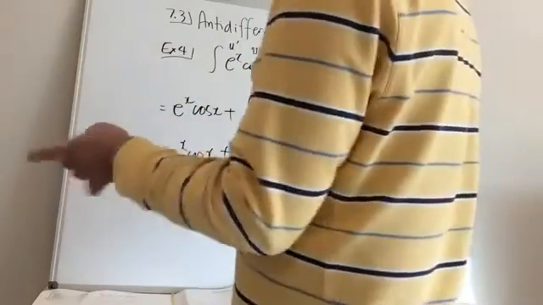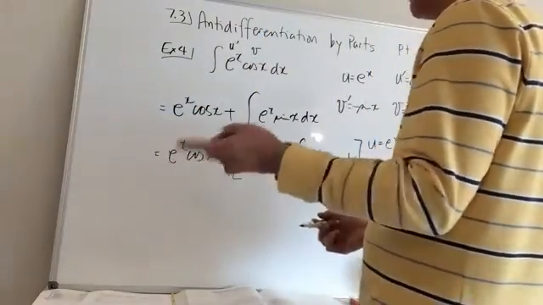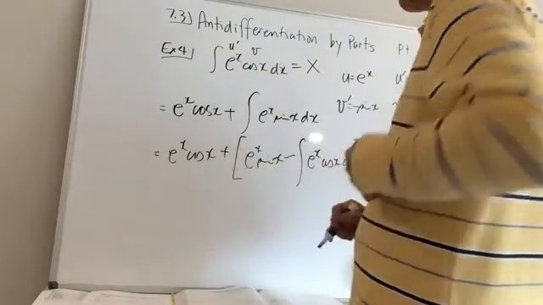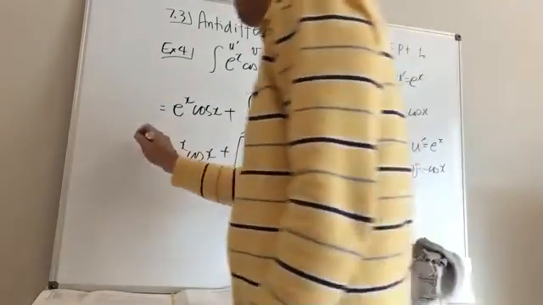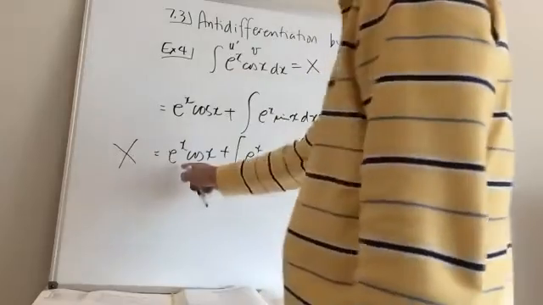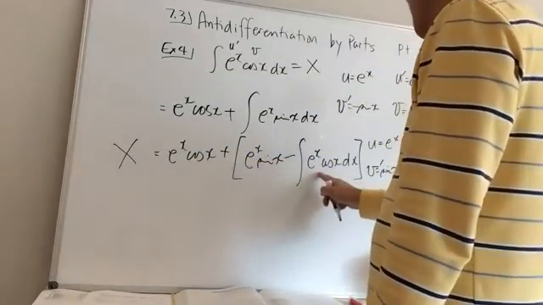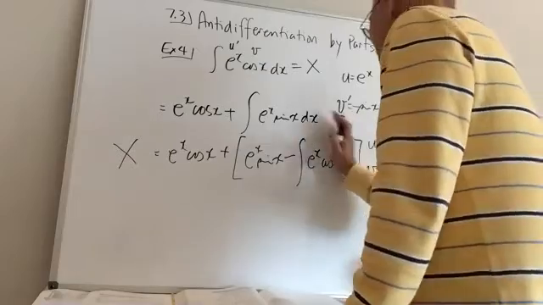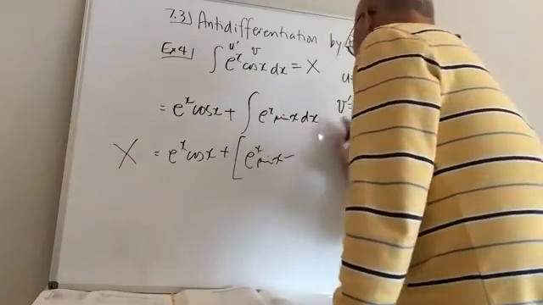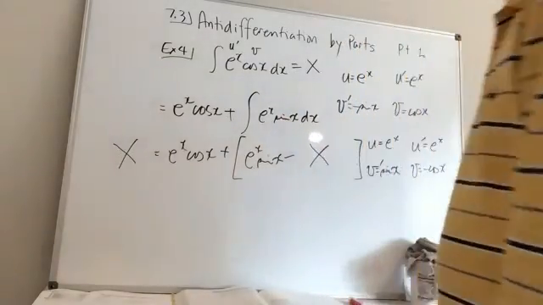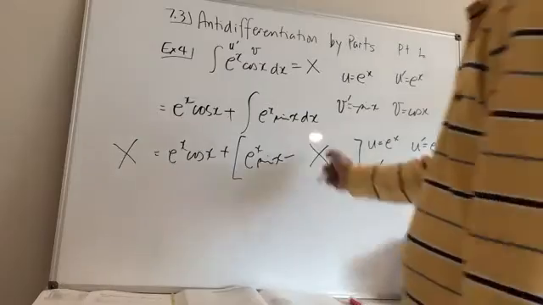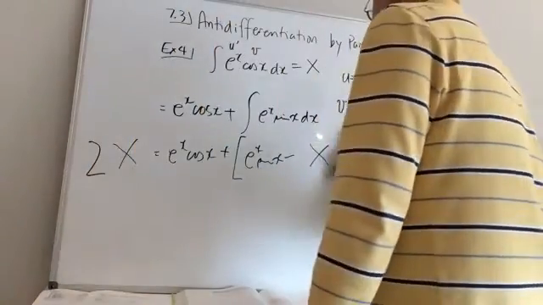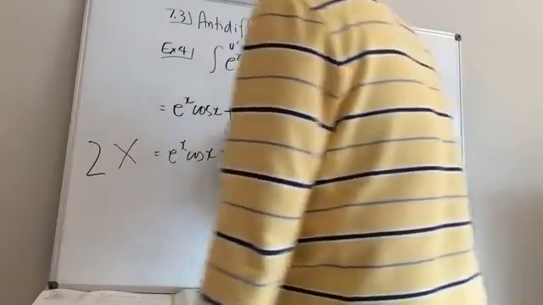So here's where this is really going to be interesting. If I call this large X, what do I have? I have X is equal to this plus this. What is this? X also. This is good, because now I move the X over, I get 2X is equal to this.